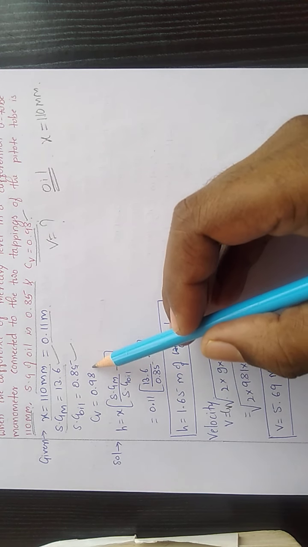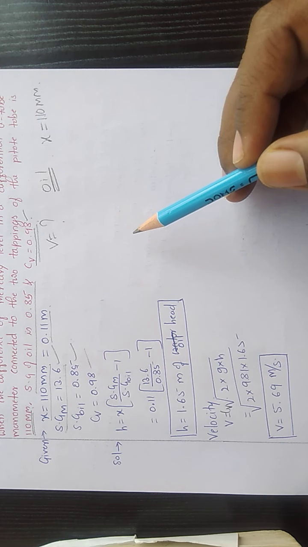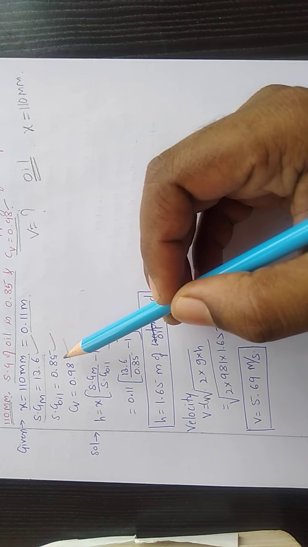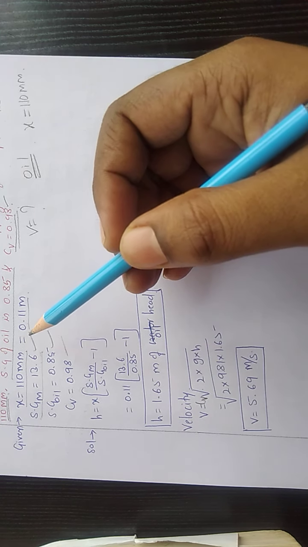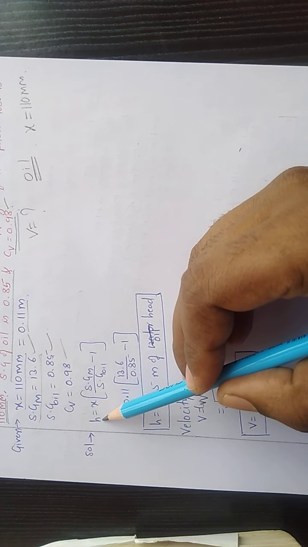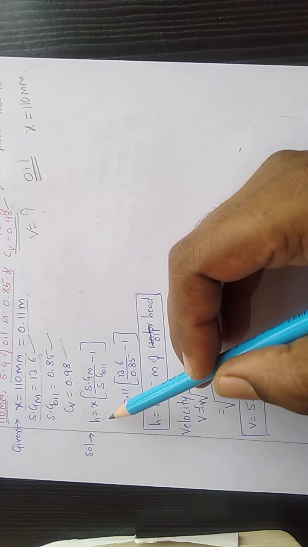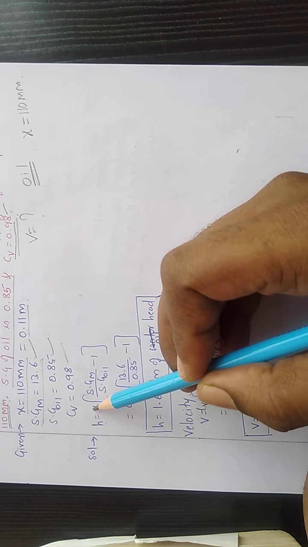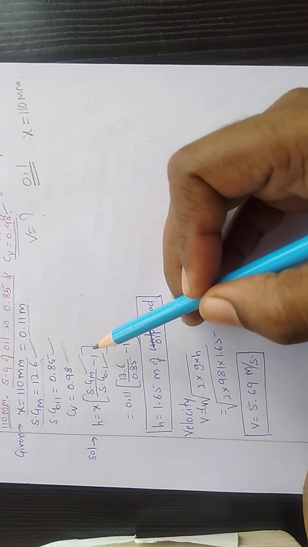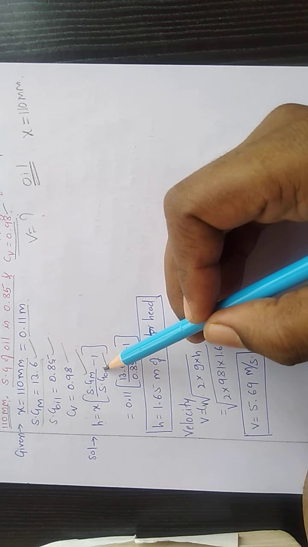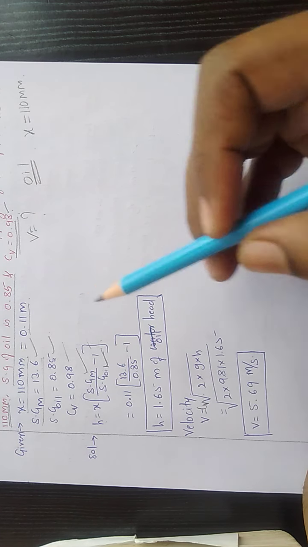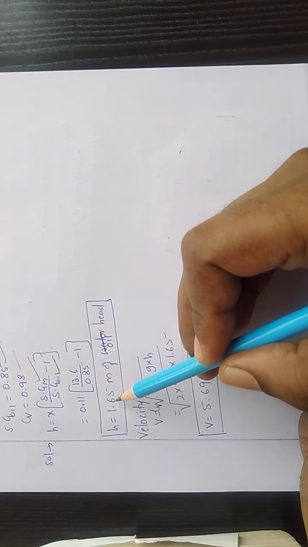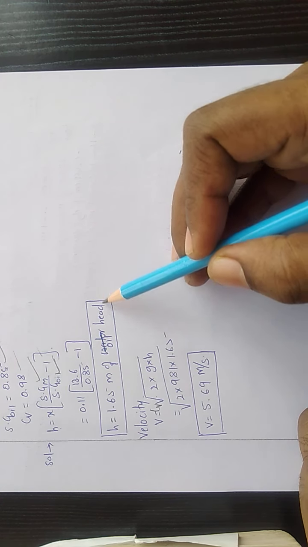First we convert the head of mercury X into head of oil. H is equal to X into specific gravity of mercury divided by specific gravity of oil, minus 1. When you substitute and simplify, you get H as 1.65 meters of oil head.